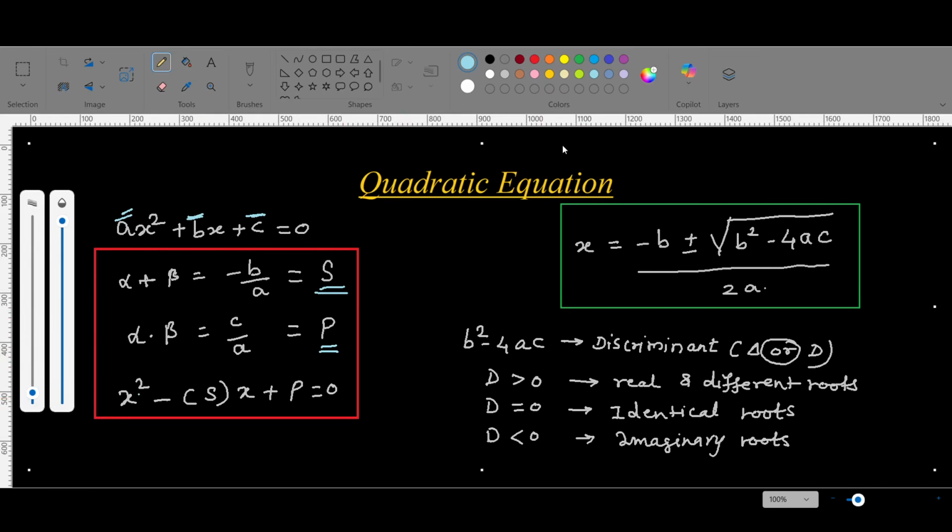The roots of the quadratic can be found using different methods or different ways to find the zeros or roots of the quadratic. One method is using the quadratic formula.